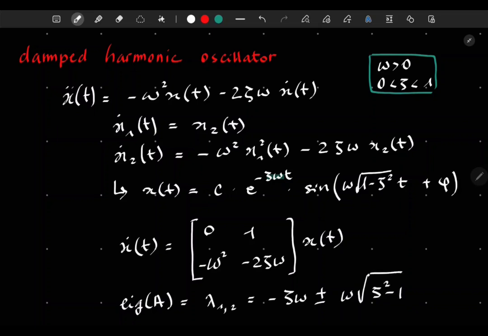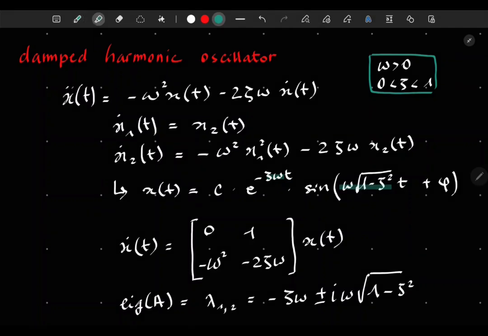But since we assume that zeta is smaller than 1, we can invert this expression because the term under the square root is negative and add the imaginary unit here. And notice that the imaginary part of this eigenvalue is exactly the frequency of our sinusoid.